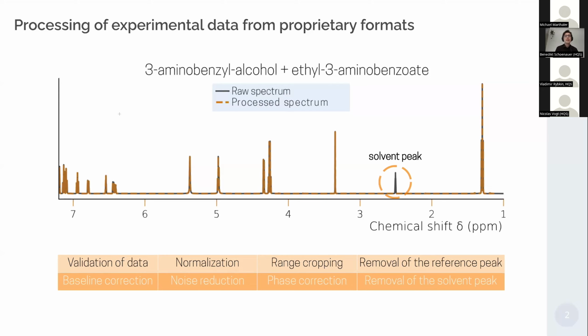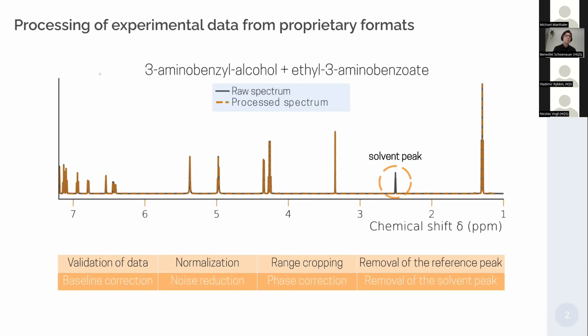So what you see here is the mixture spectrum of two components in a 1-to-1 ratio. We know from the company that provided this experimental data that there's a 1-to-1 ratio between 3-aminobenzyl alcohol and ethyl 3-aminobenzoate.